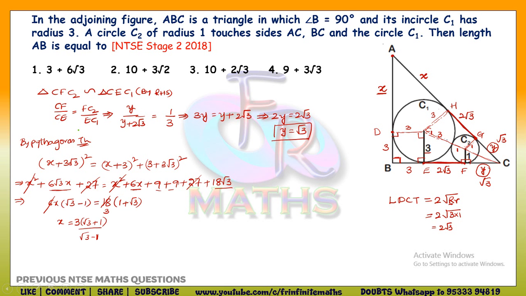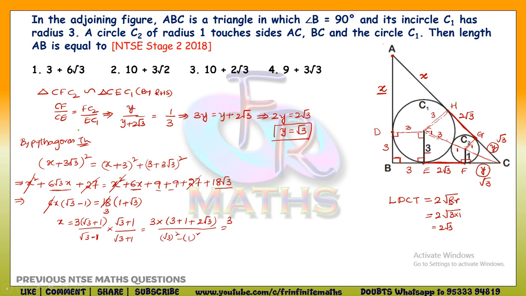Since in the denominator we have an irrational number, we are going to rationalize this. So what is the rationalizing factor? It is root 3 plus 1. So when I rationalize this, this gives me 3 into (root 3 plus 1) whole square, which is 3 plus 1 plus 2 root 3, divided by (root 3 minus 1) into (root 3 plus 1), which is root 3 whole square minus 1 whole square.